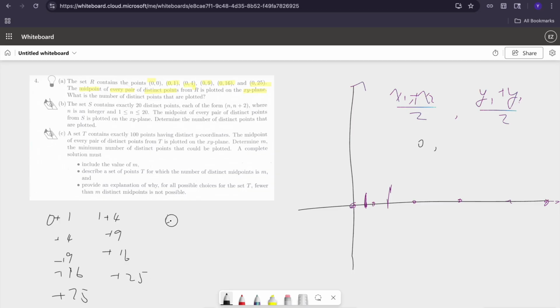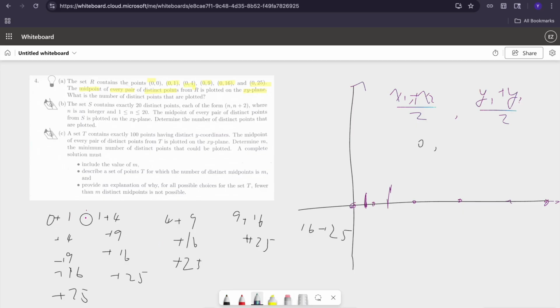Next is 4 plus 9, plus 16, plus 25. Then 9 plus 16, plus 25. Lastly, we get 16 plus 25.